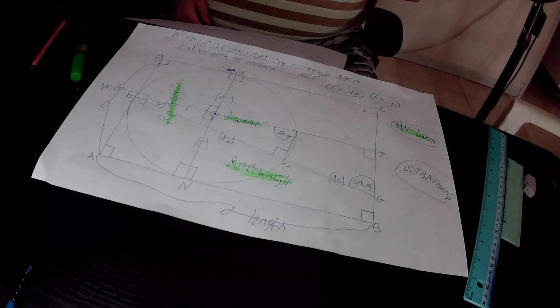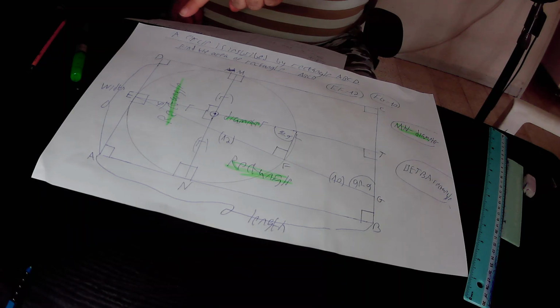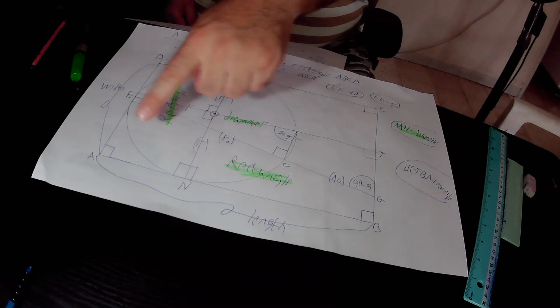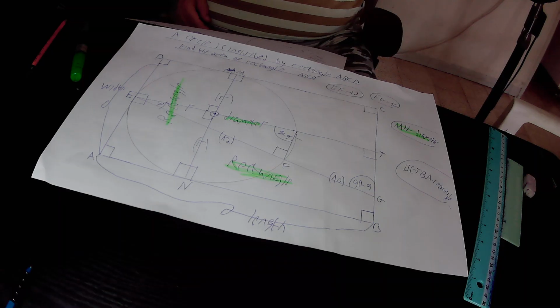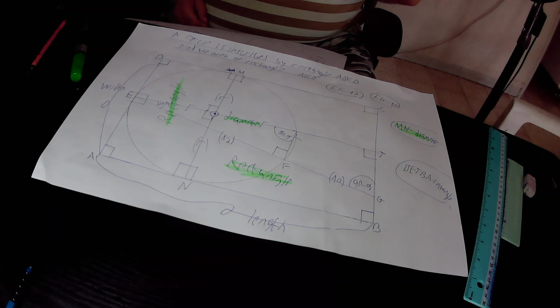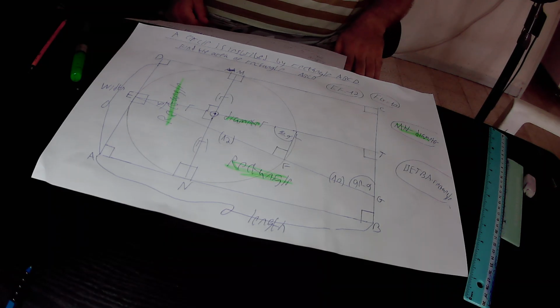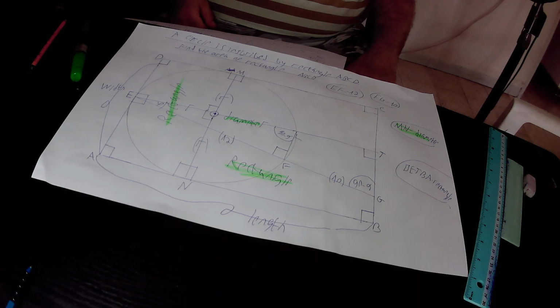And actually, this shape MDAN consists of 4 sides, 1, 2, 3, 4, and therefore it is a quadrilateral. It is a quadrilateral with 4 right angles, and you know that according to rule 5, any quadrilateral that has 4 right angles must be a rectangle if not a square.